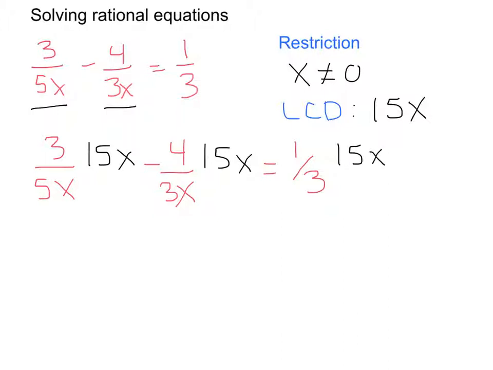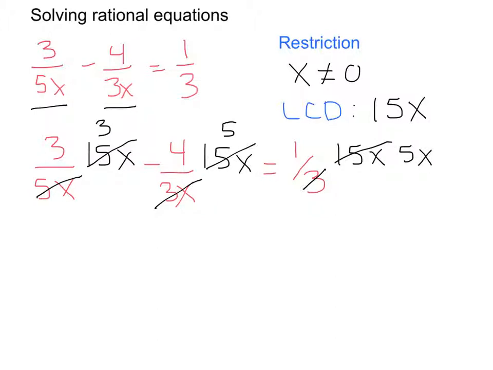So once we've multiplied everything by the LCD, we can cancel out all of the denominators. So 5x can simplify with 15x, and we're left with 3. 3x goes into 15x 5 times.